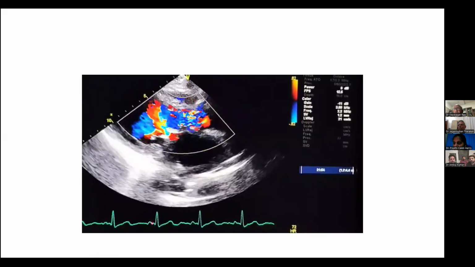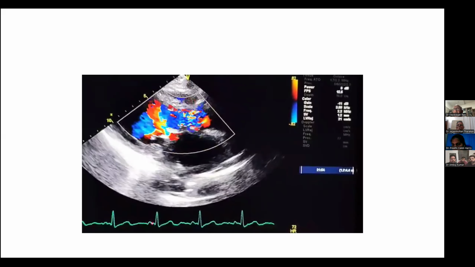Blood flow, sir. The narrowest part of the flow. So vena contracta, what is the other parameter which is independent of the loading conditions? Both are interrelated. What is EROA, effective regurgitant orifice area? These two are the two independent parameters of valve regurgitation.